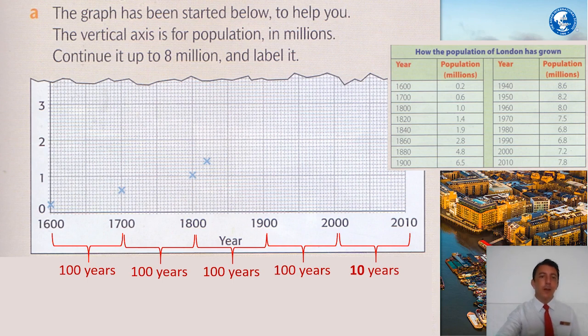So each interval must be the same amount of time. So we have to change that. So 2010 should be here, just after 2000. And that last one should be 2100. But we won't worry about 2100 because we don't have data for the future.